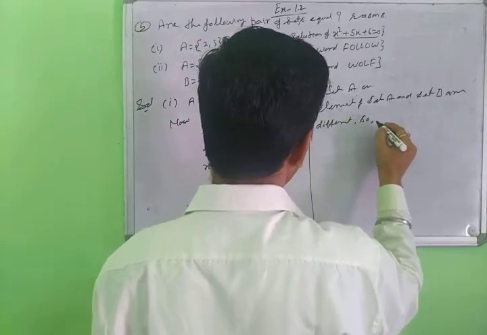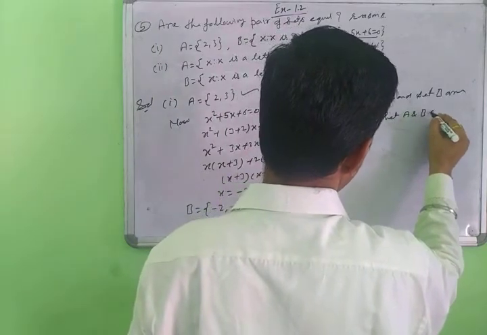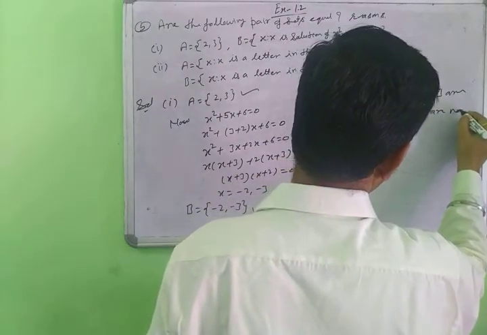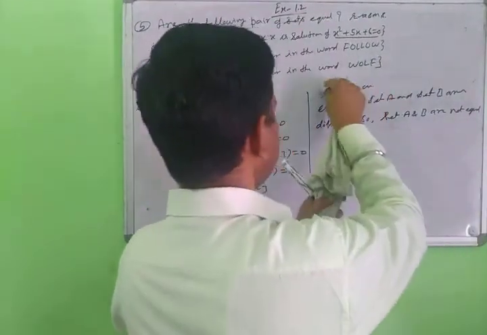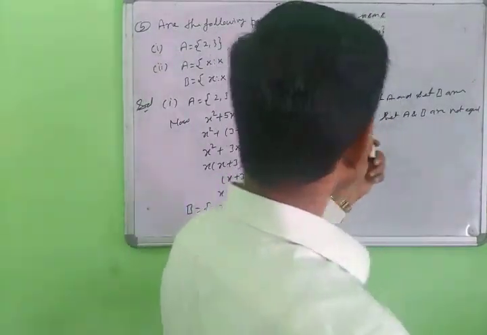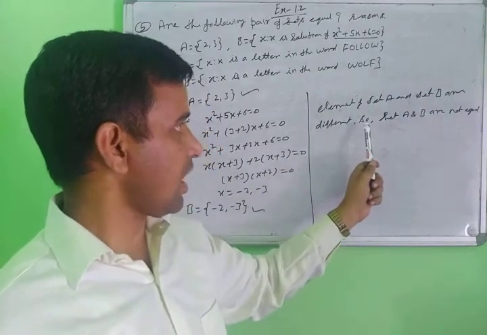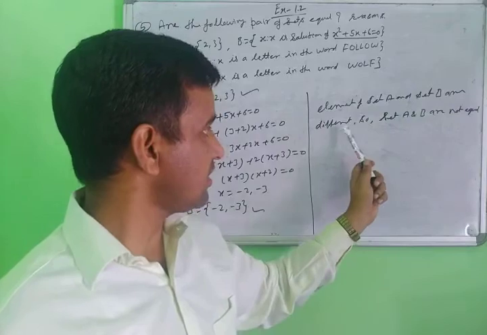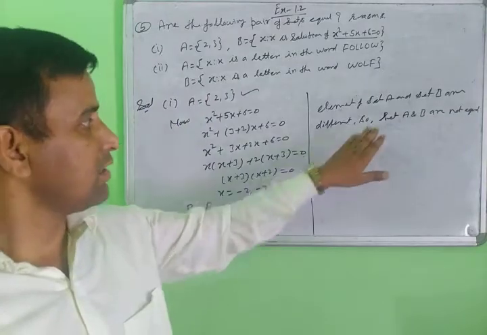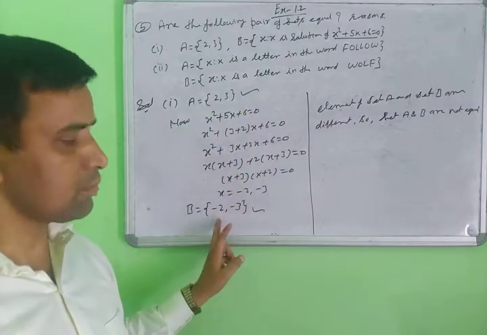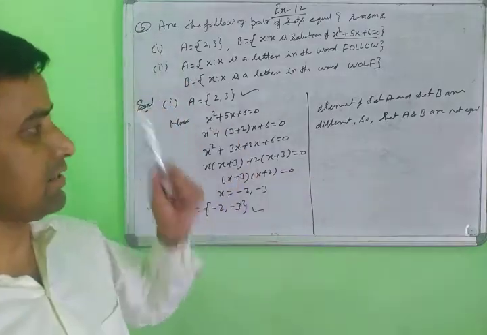So set A and B are not equal. The reason is that the elements of set A and set B are different, so both are not equal. Now let's start the second part.